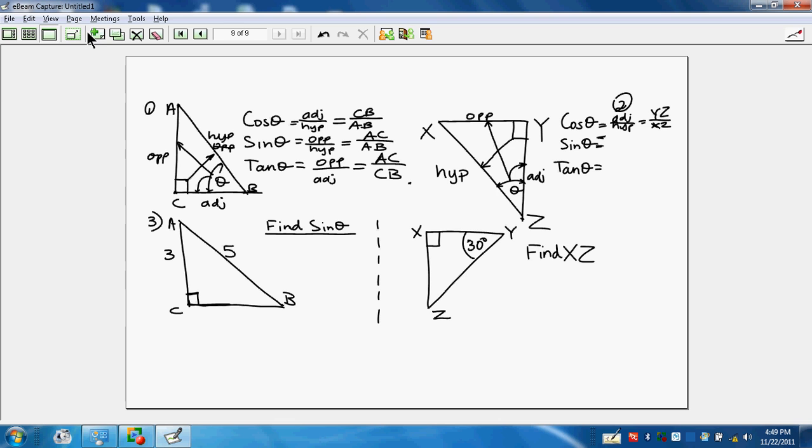Sine theta is opposite over hypotenuse from SOHCAHTOA. And opposite in this case is XY, hypotenuse is XZ. So it will be XY over XZ.